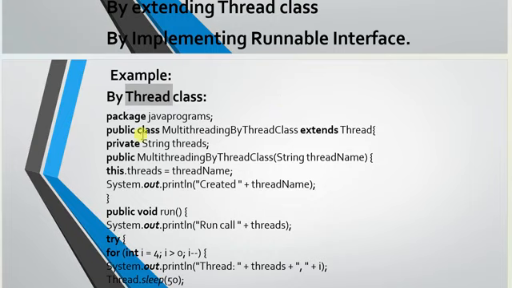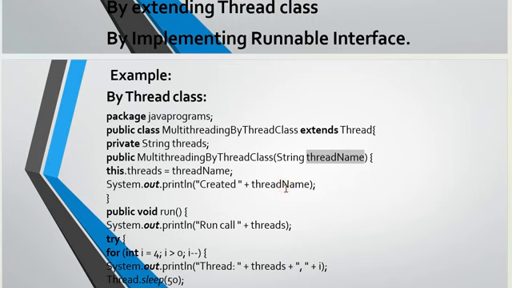Here, this is our class and it extends the Thread class. We have taken one String threads, and inside that class this is the public constructor, where we are passing one string with the thread name to print.